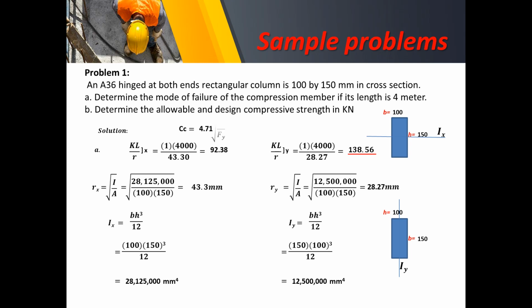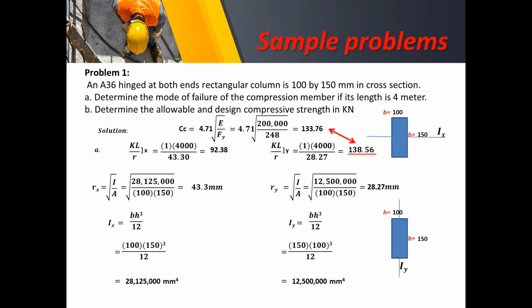We have 4.71 square root of E all over Fy. That is equal to 4.71 square root of 200,000 all over the yield strength of 248 for A36 steel shape. So this is equal to 133.6.